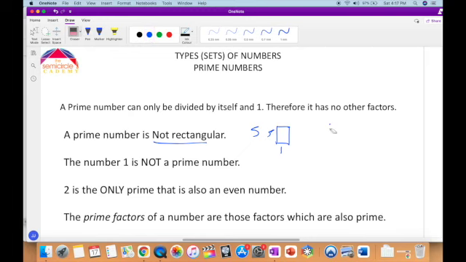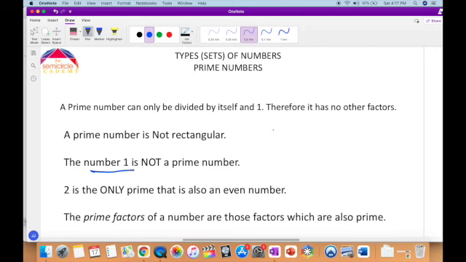So let me just see 73. So I think 73 looks very prime-ish, right? So let me just say 73 is a prime number. It makes no sense drawing a rectangle. 173. You know, it has no other factors, so it makes no sense doing that, right? So at the end of the day, prime numbers are not rectangular, right?